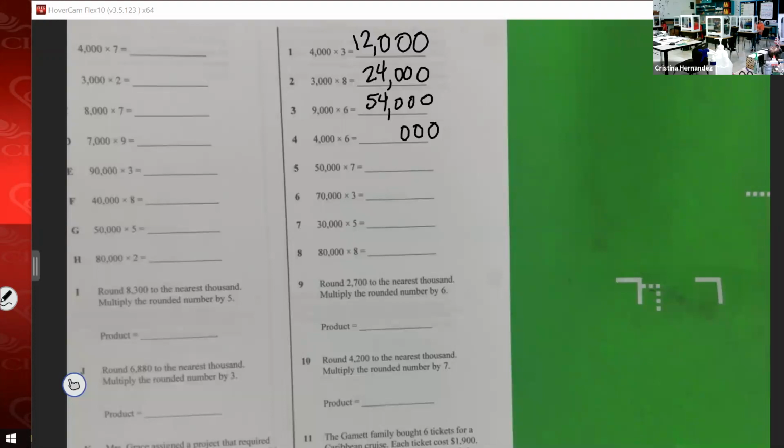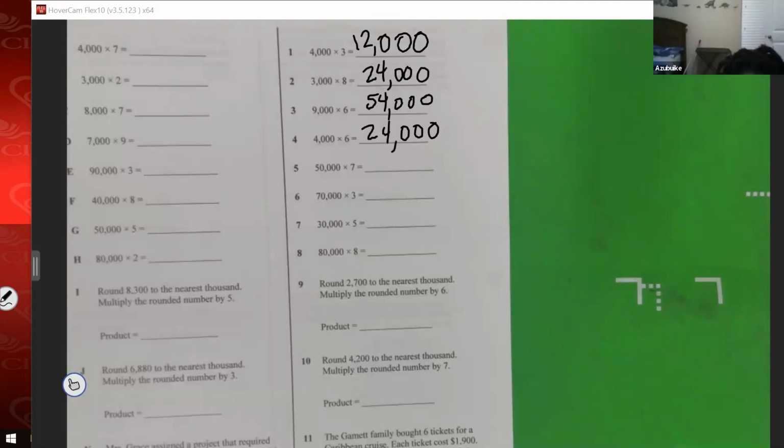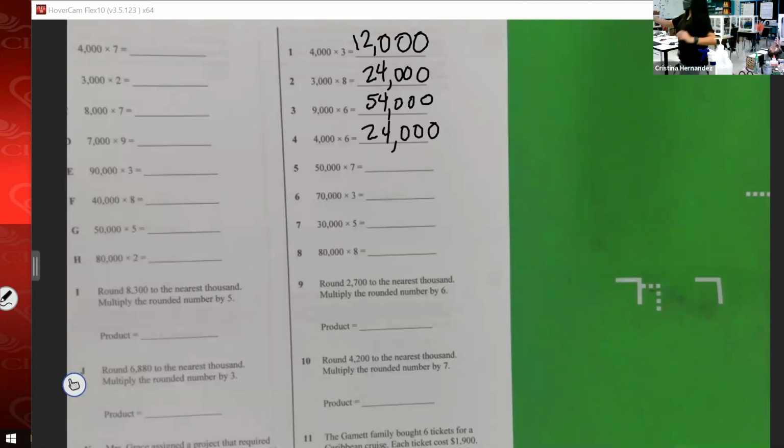Do you see that, Azu? It's 4 times 3 up there. Oh, you're over here. We're on the other side. We already did that side. This one is 28,000. But we did that one earlier.